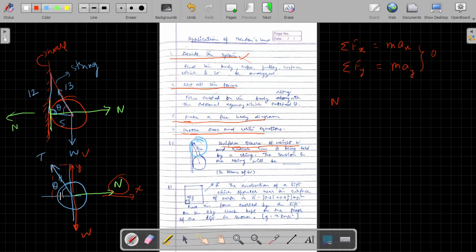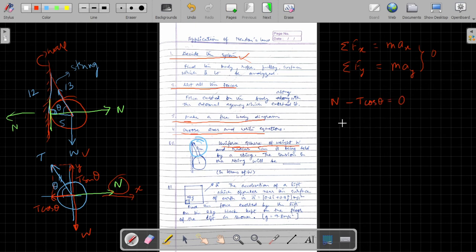So the component of tension along the side in which theta is acting would give you cos theta. That means this side would be T cos theta, and the component of tension perpendicular to the side, in front of theta, would be T sin theta. So that means tension T cos theta is acting in negative x direction, so we will take minus T cos theta, and that would be equal to 0.